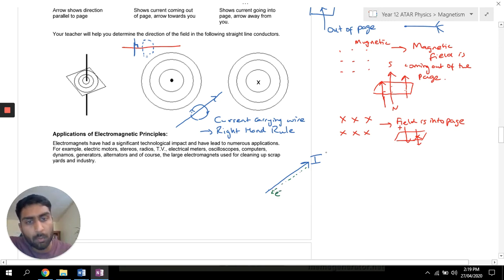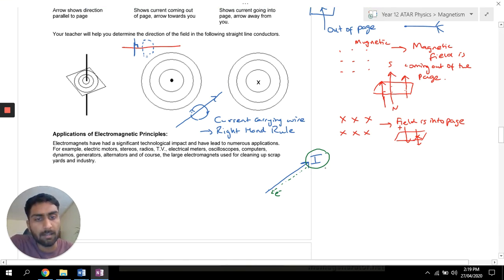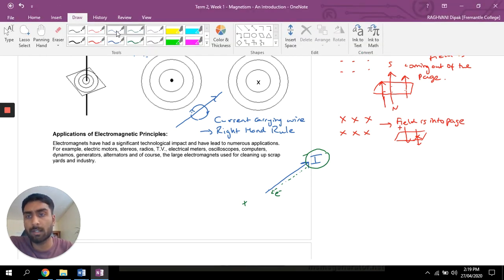But we always take conventional current, conventional magnetic field. So this is from positive to negative. The positive side must be somewhere here and the negative side somewhere there. We know the electrons are moving the opposite way, but we take it conventionally.